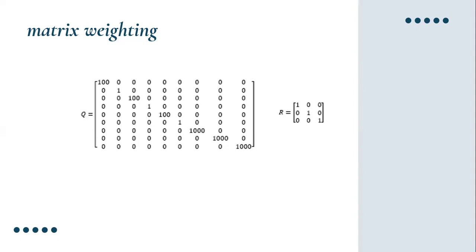The state error is generated from the integral of the difference between each set point and the output. A value of 1000 is given so that the state error response is 10 times faster than the angular response. The weight in the R matrix is given a value of 1 because the control signal does not have specific criteria.